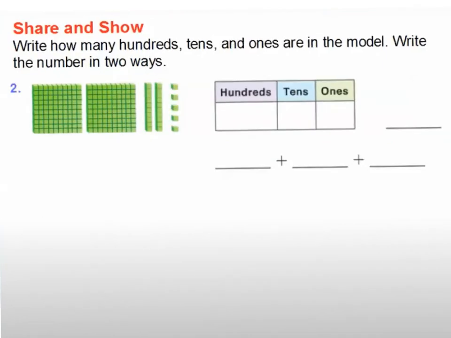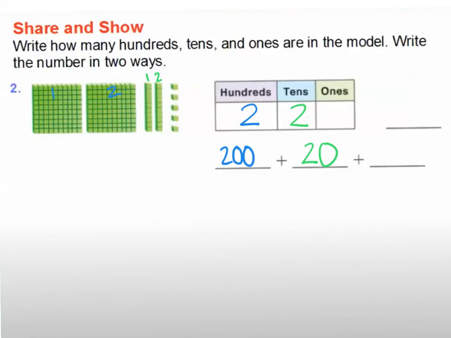Okay, number 2. Start by looking at our hundreds blocks. We have 2 hundreds blocks. What's another way to say 2 hundreds? 200. And our 10 blocks, we have 1, 2. We have 2 10 blocks. Another way to say that? 20. 2 tens is the same thing as 20.